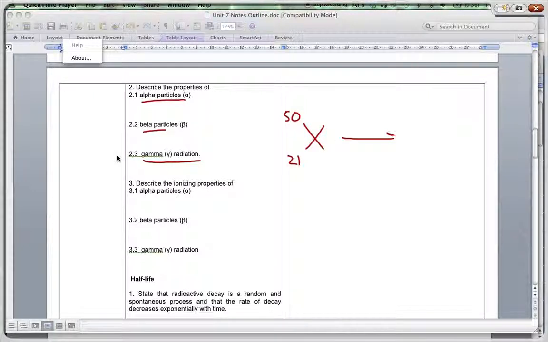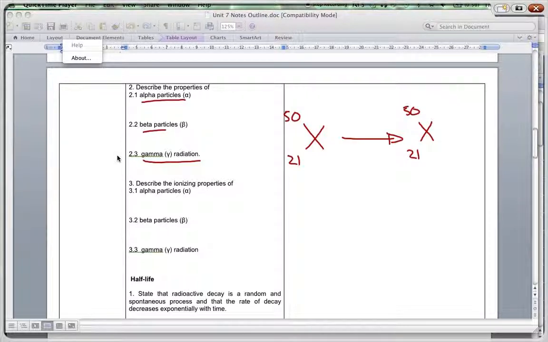What happens is it changes into a lower energy nucleus without the nucleus properties actually changing at all. So it will stay as 21, 50. The element is exactly the same. There's no change in the number of protons and neutrons except that they become more stable.